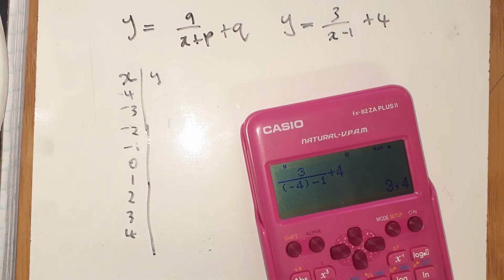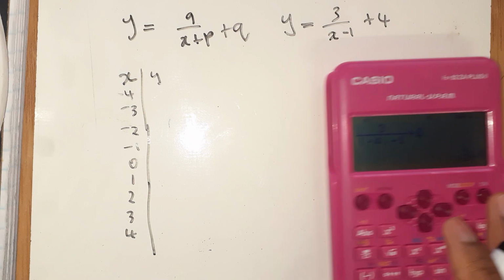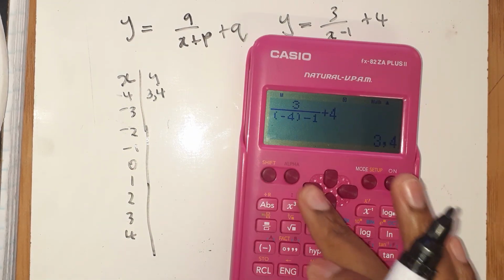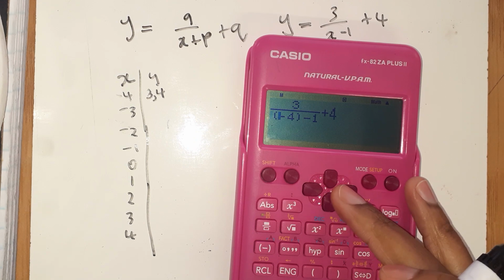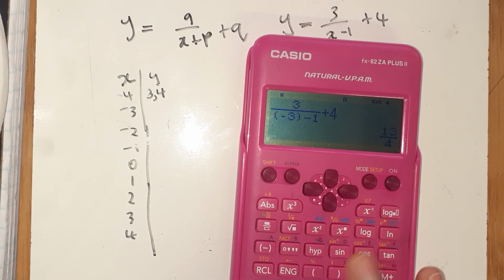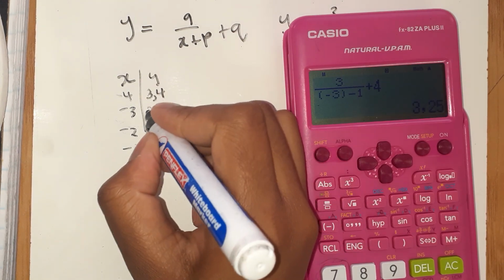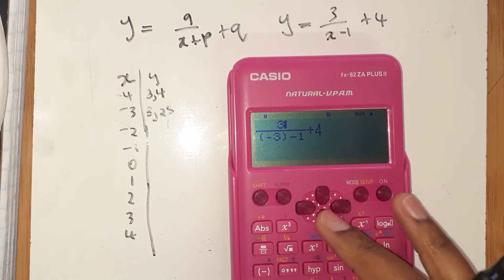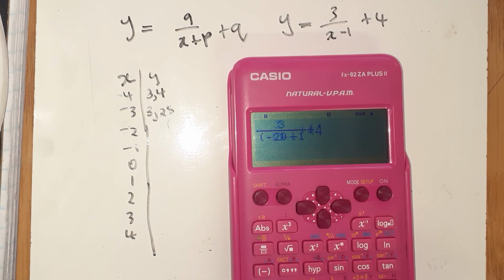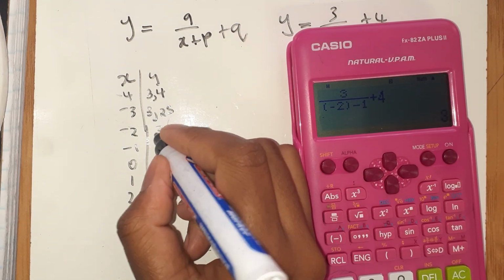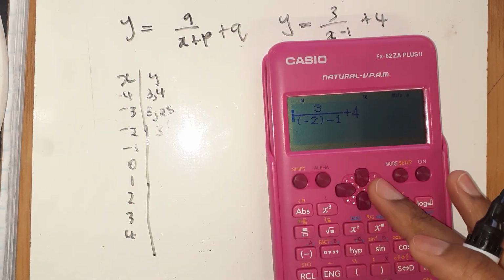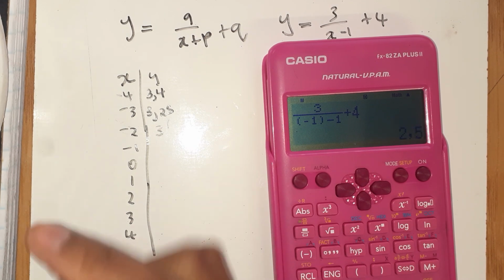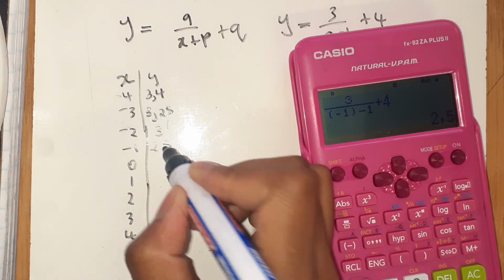So when x is negative 4, y is 3.4. I'm showing you how to draw as well. When x is negative 3, y is 3.25. And then for negative 2, it's 3. And for negative 1, we have 2.5.